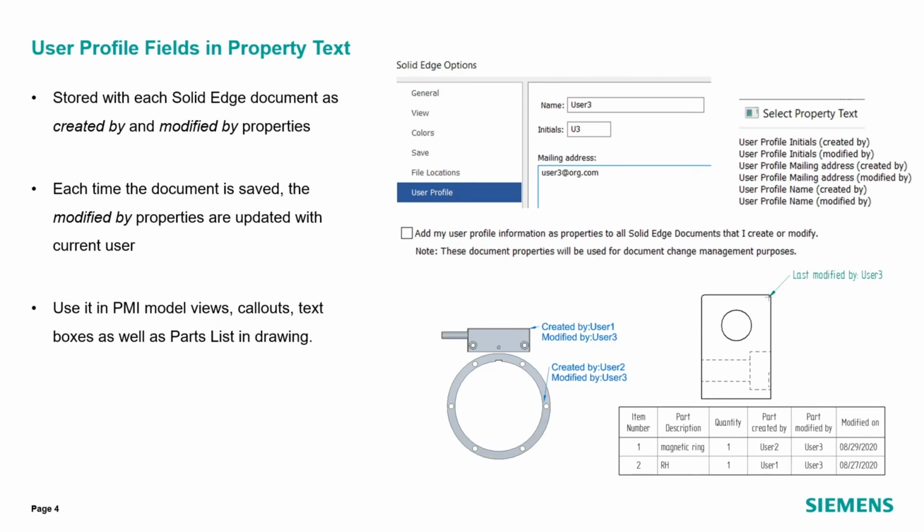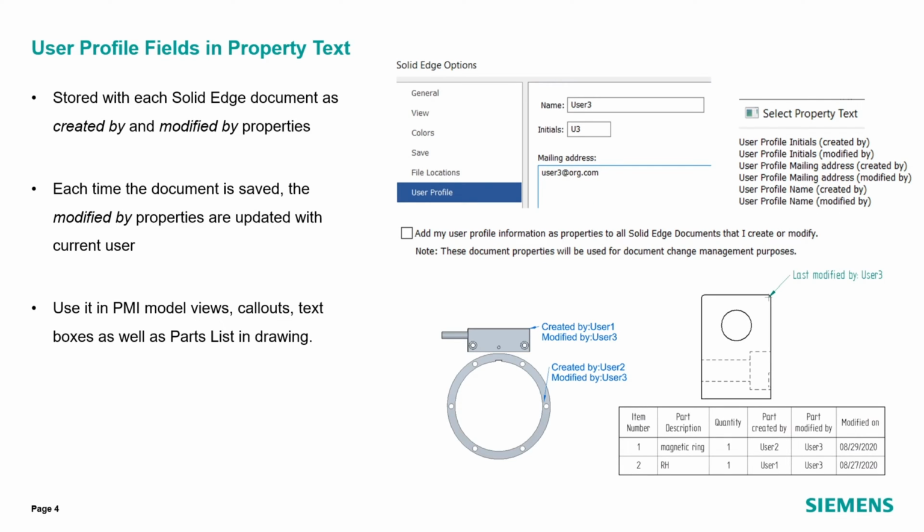Next, we have the option to add the user profile fields in the property text. In order to do that, first you need to have a user profile created in your Solid Edge. Once you have created a user profile in the Solid Edge options, you can simply go to the parts list, as you can see from the screenshot, and if you scroll down in the column, you'll see these 6 properties.